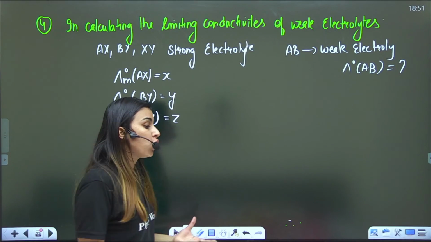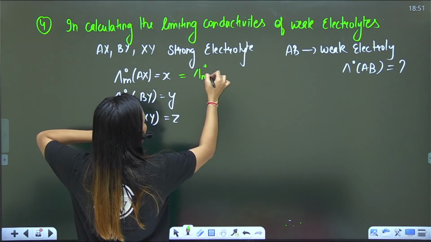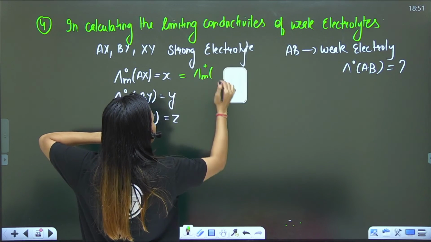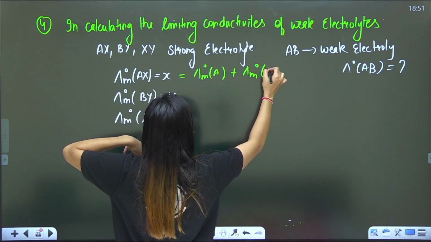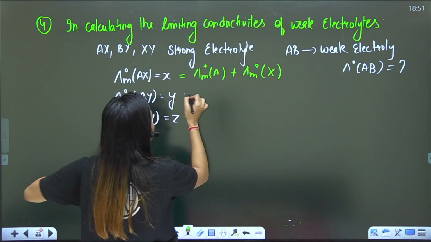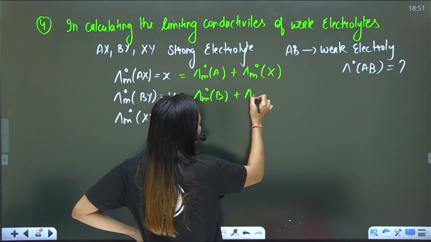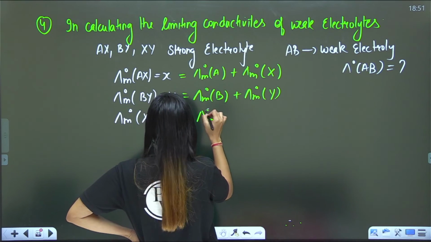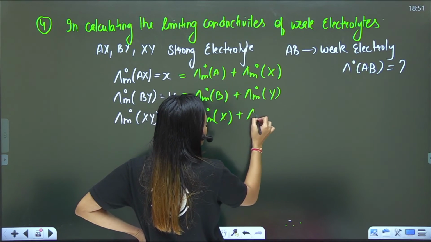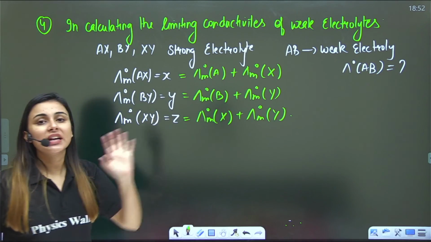From Kohlrausch law, you know that the molar conductivity of AX is the limiting molar conductivity of A plus the limiting molar conductivity of X. This is equal to X. The limiting molar conductivity of B plus the limiting molar conductivity of Y is equal to Y. The limiting molar conductivity of X plus the limiting molar conductivity of Y is equal to Z. Right? Yes. This is something that we know.